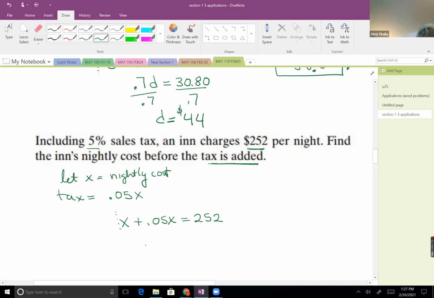Again, these are like terms, so I get 1.05x equals 252. And to solve, I'll divide both sides by that 1.05. Which gives me that X was $240.